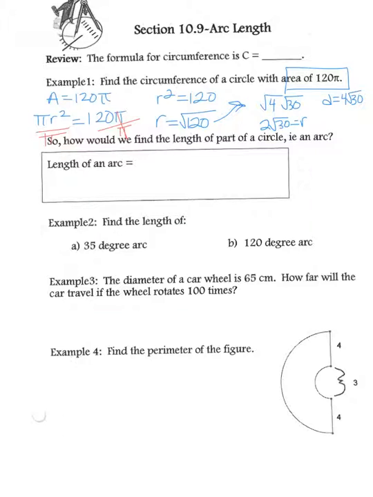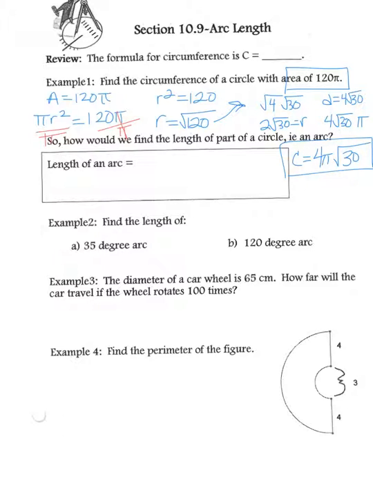The circumference would be 4 root 30 times pi, and you don't leave it looking this way. You take everything that's not part of the radicand and put it in front. So we get 4 times pi times the square root of 30. That is the circumference when the area is 120 pi.